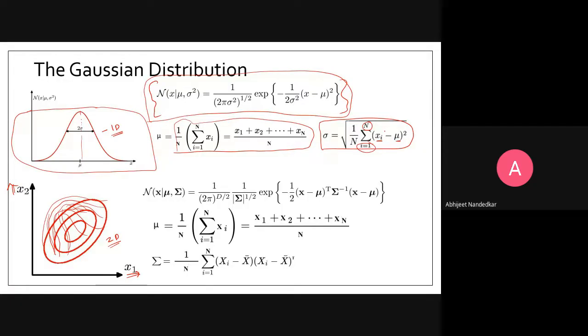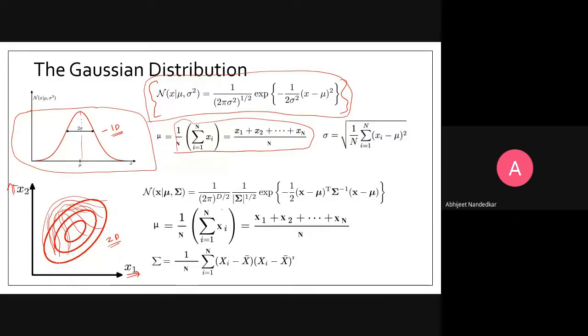You add all these squares and then take the average. Once you take the average, you take the square root of that. If you don't take the square root, it becomes sigma square, which is called the variance. If you take the square root, then it is the standard deviation. Okay.